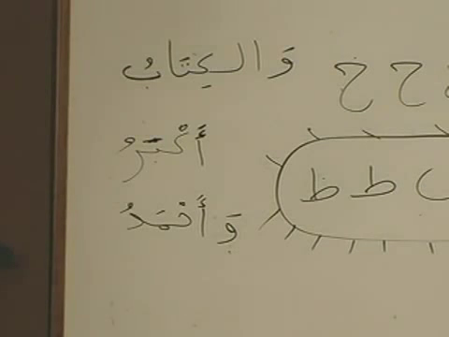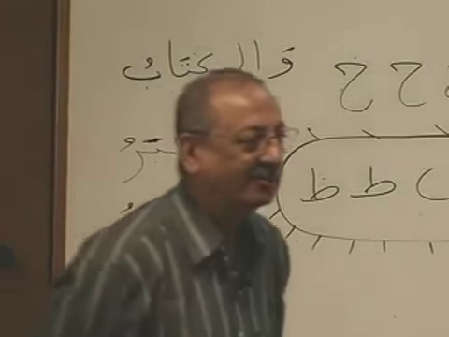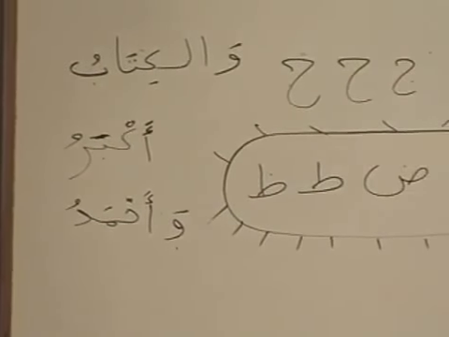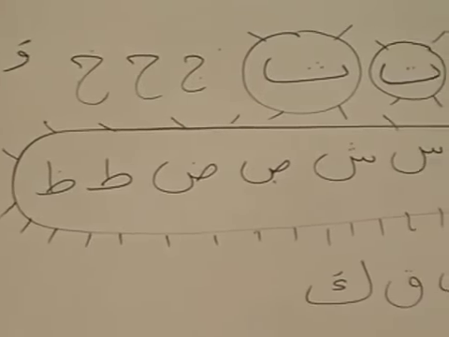So here is the simple statement about Hamza: there are two kinds of Hamza. One is Hamzatul Qata and one is Hamzatul Wasal. Hamzatul Wasal, brothers and sisters, if it starts the sentence, it is in the front, then it is pronounced. Otherwise, if something else comes in the front or if it comes in the middle of a sentence, you won't pronounce it.